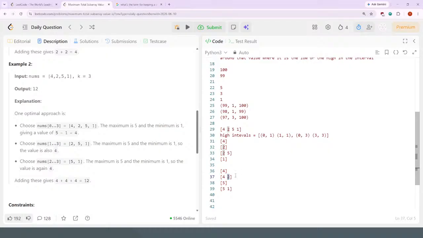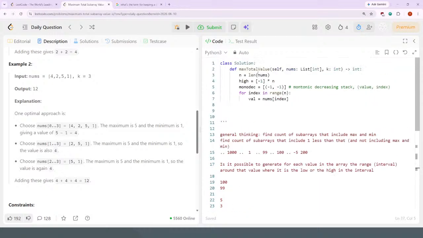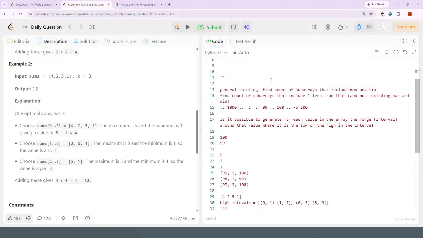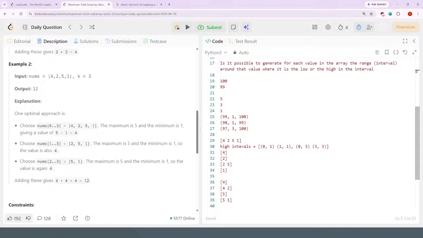Actually, maybe the value should start to be infinity here. The backstop is infinity at the very front end of the monotonic decreasing stack, so there's like infinity, 4, 2.